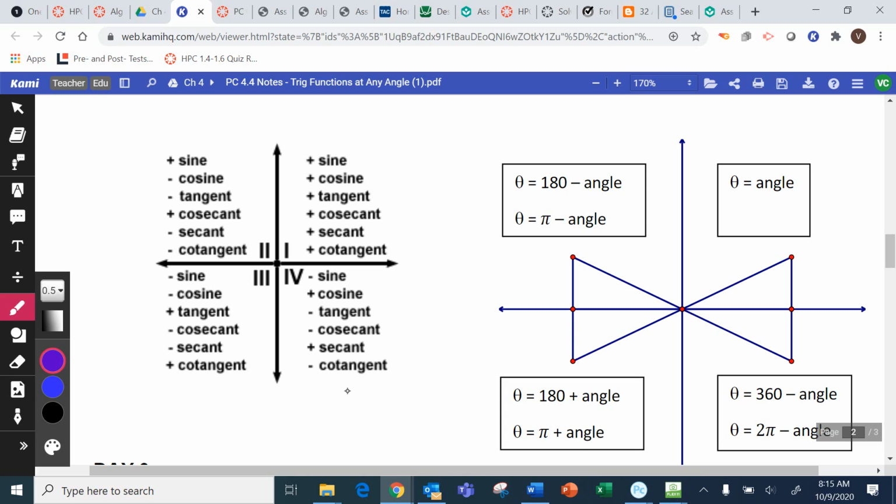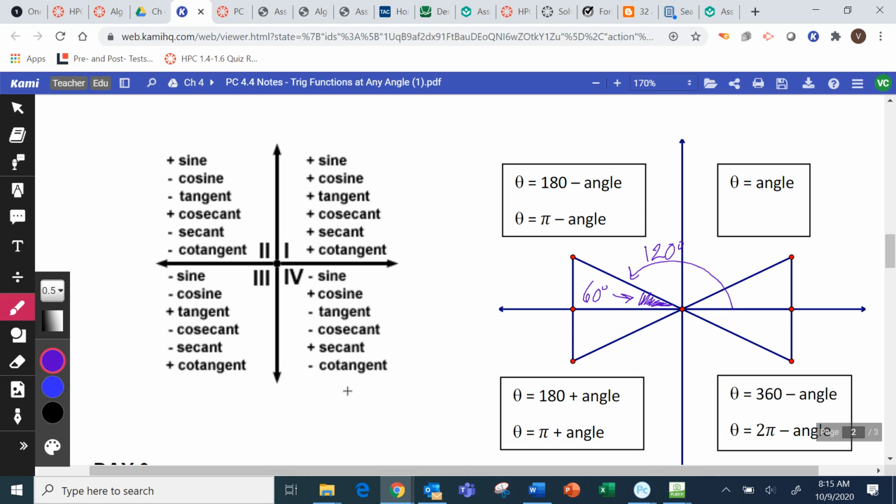And then over here is for reference angles. And I do not have this memorized. You are more than welcome to memorize it. I don't have it memorized because for me personally, if I know that this angle here is 120 degrees, then for me it's really easy to find out that this right here has to be 60 degrees.